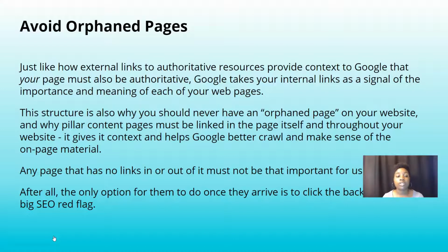So this structure is also why you would never want to have an orphaned page on your website, and why pillar content pages must be linked in the page itself. This is really important because any page that has no links in or out of it must not be important for the users. That's how the bots would see it. So this is really important for us as website owners to keep in mind.